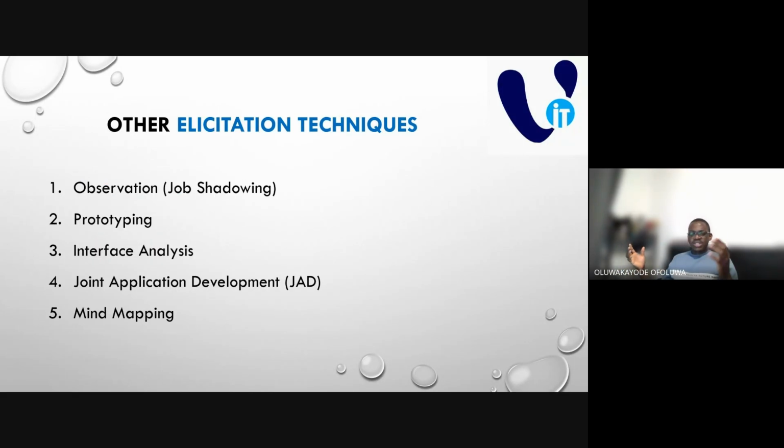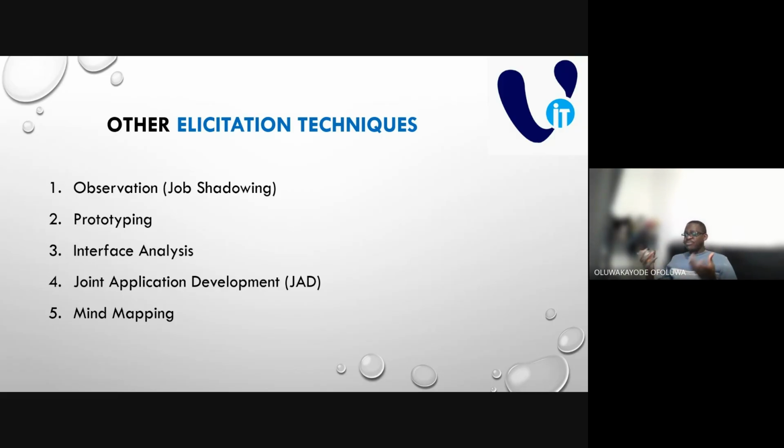Other elicitation techniques that we'll not be able to look at this evening because of time. Number one, we have observation. Observation is just about shadowing someone, looking at what they are doing step by step. It can be formal or informal. We have prototyping.